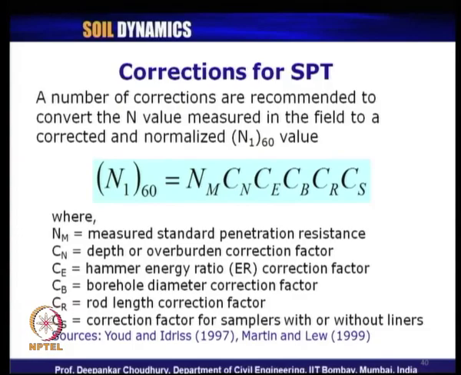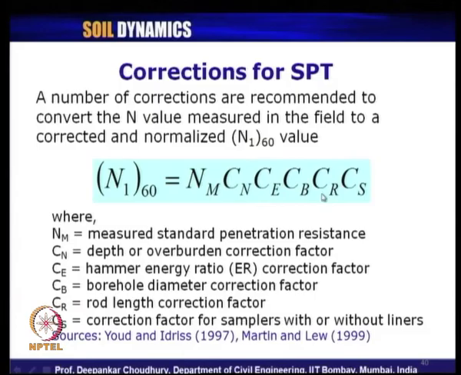So, the borehole diameter plays an important role in measurement of the N value. If it is a wide diameter, you have better penetration of the sampler without any hindrance from the surrounding soil. But if the borehole diameter is small, you have problems driving your sampler. So, this correction factor has to be applied, and it has to be referenced with respect to a particular size or diameter of the borehole.